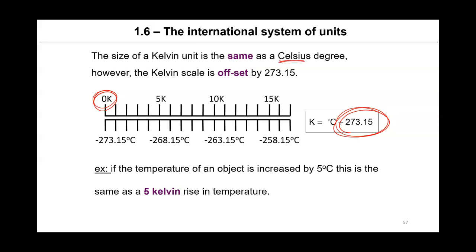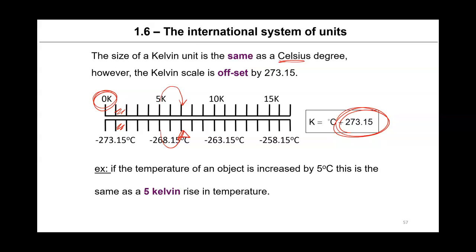This is important because we never will have negative Kelvin temperatures. Kelvin temperatures are always positive. And to convert between Kelvin and Celsius, all we have to do is add or subtract 273.15. The size of a Kelvin unit is exactly the same as the size of a Celsius unit. So if we increase by 2 Kelvin, that's exactly the same as an increase by 2 degrees Celsius.